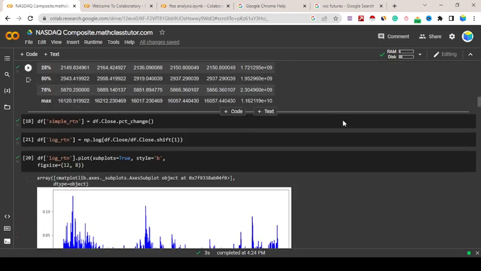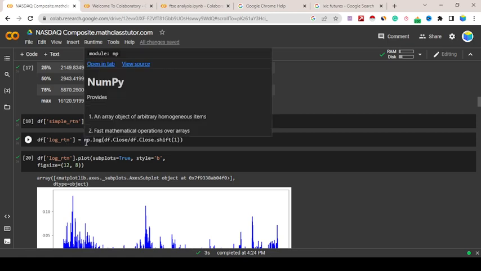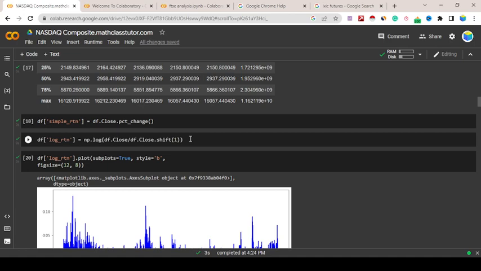I would like to get a simple return. The simple return is the difference between today's and yesterday's price, divided by the previous price and multiplied by 100. Similarly, we can get a log return: we take the log of today's price and divide by the log of yesterday's price.